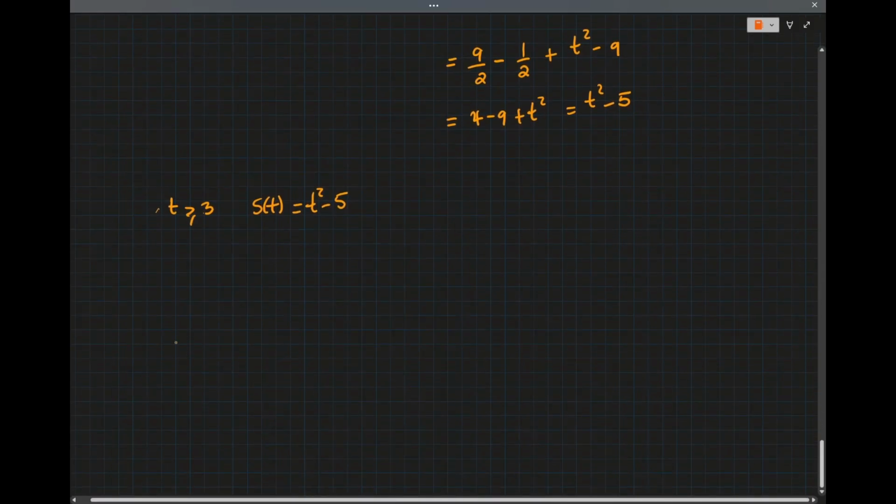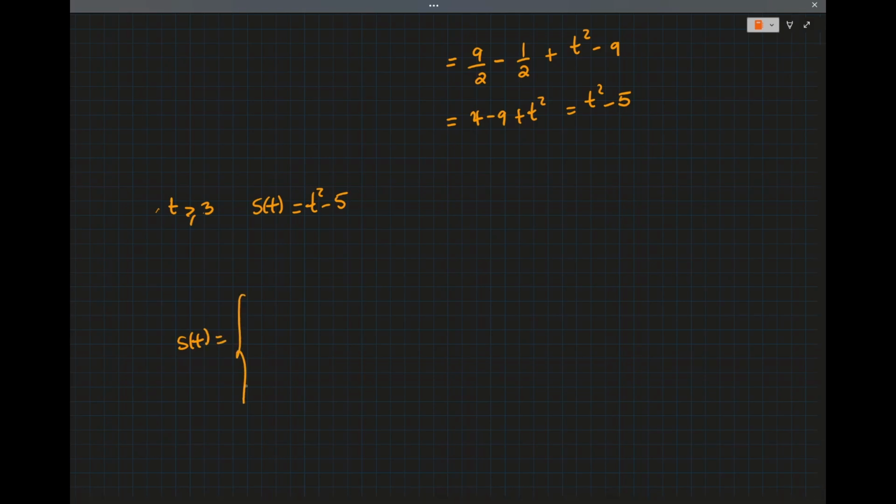So when I put it together, x of t is equal to 0 for t less than -1, then t squared over 2 minus a half for -1 less than t less than 3, and then t squared minus 5 for t bigger than or equal to 3.